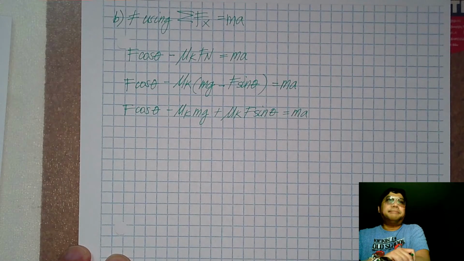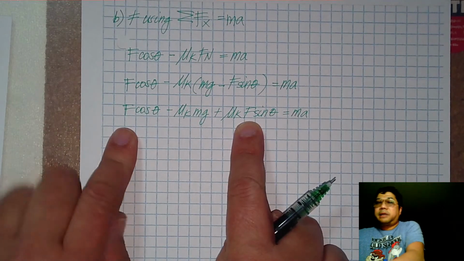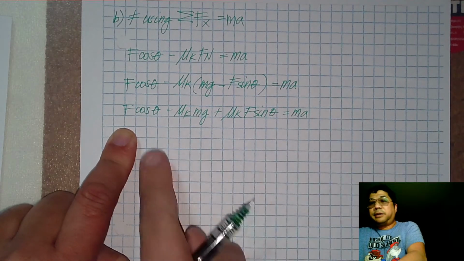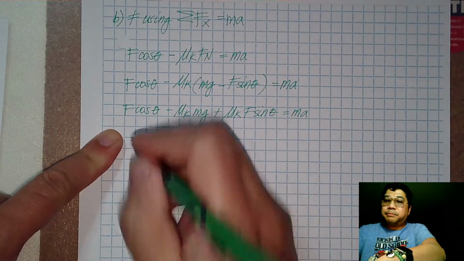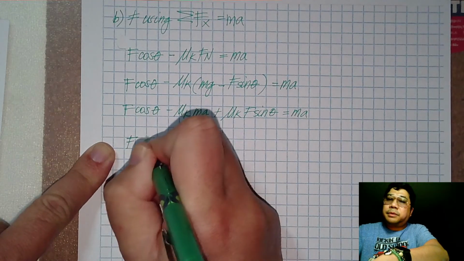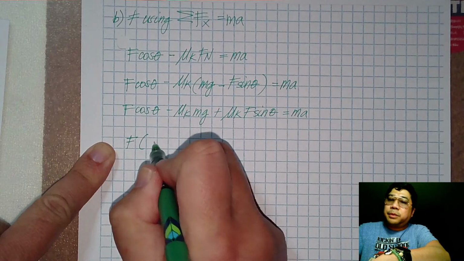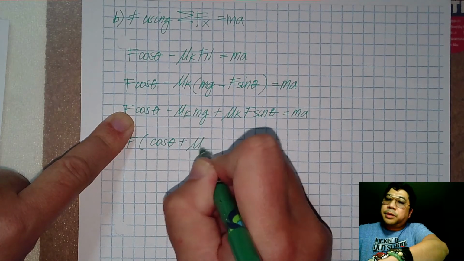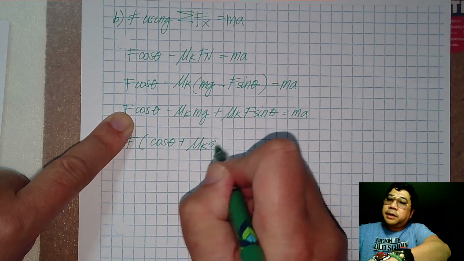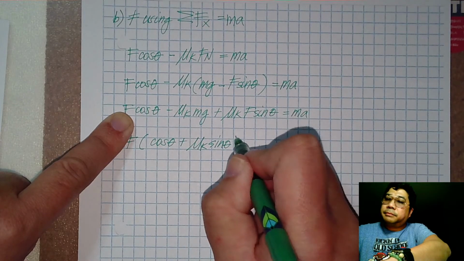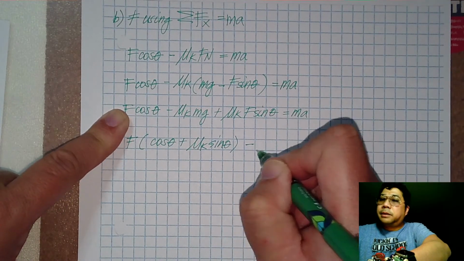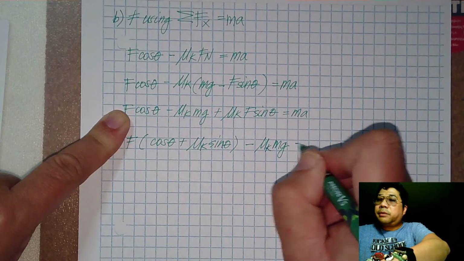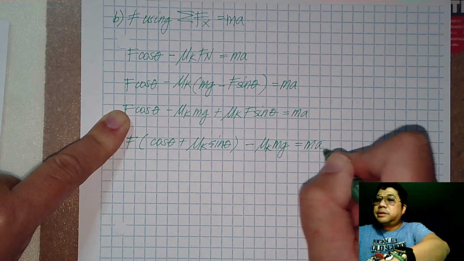So now let us combine the coefficients of the same variables. Combine like terms. F and F can be combined together. So I can say F, and the coefficients are cosine theta plus mu k sine theta, minus mu k m times g, is equivalent to mass times the acceleration.